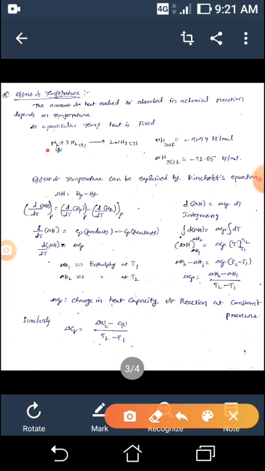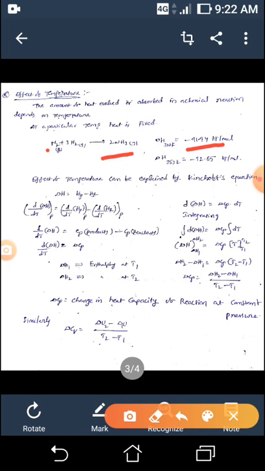For example, in the formation of ammonia by reacting nitrogen gas and hydrogen gas, forming 2 moles of ammonia, at 300 Kelvin the amount of energy released is minus 91.94 kilojoule per mole.